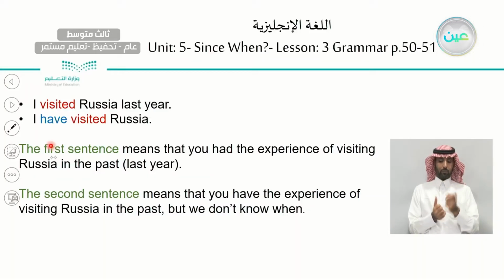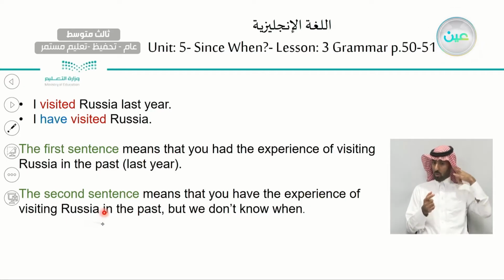You know the time. This is the difference between the two, okay? The first sentence means that you had the experience of visiting Russia in the past, which is last year, and we have the specific time. The second sentence means that you had the experience of visiting Russia in the past, but you don't know when. We don't have a specific time here in the second sentence.